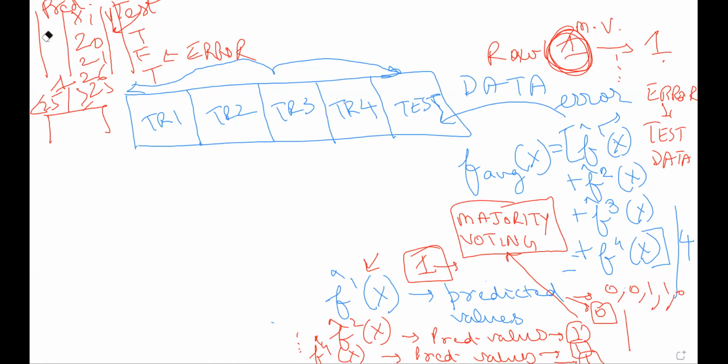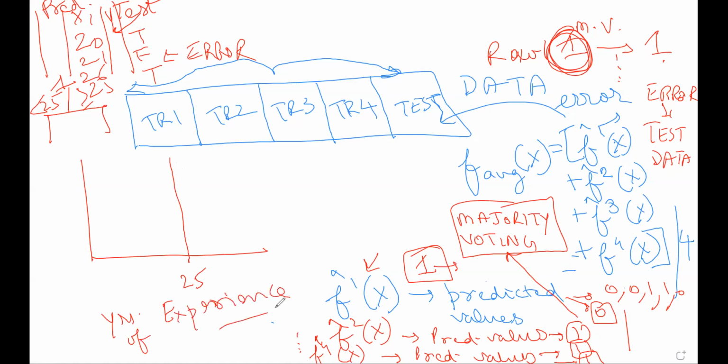Let me show this first. This is a decision tree stump. Please pay attention, and ask me a question. So what was my cutoff? I said 25, where the variable used is years of experience and the dependent variable is salary.